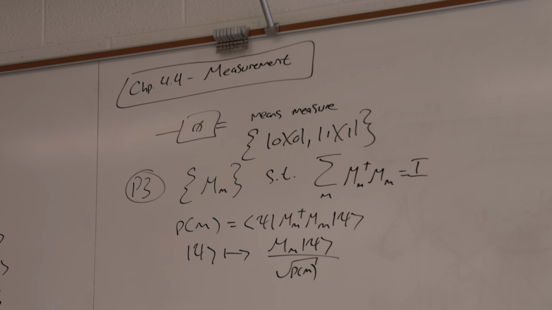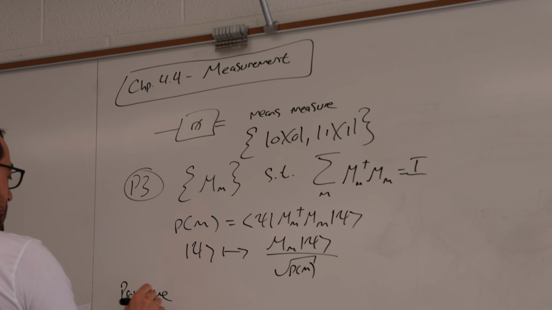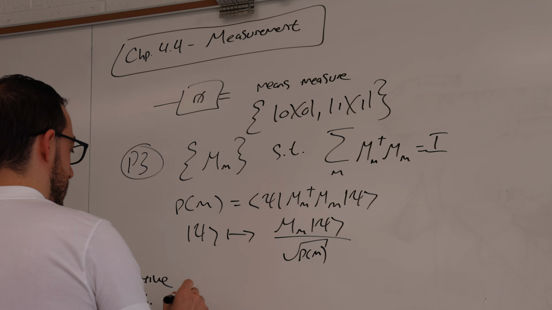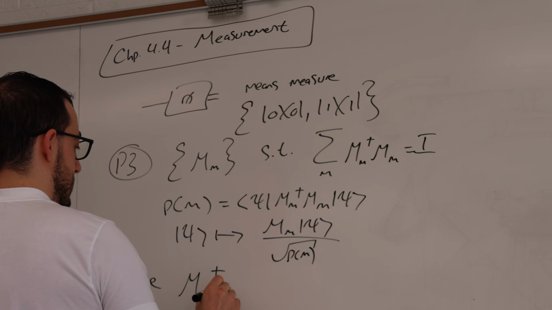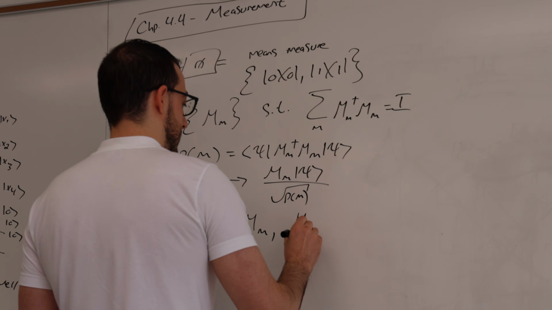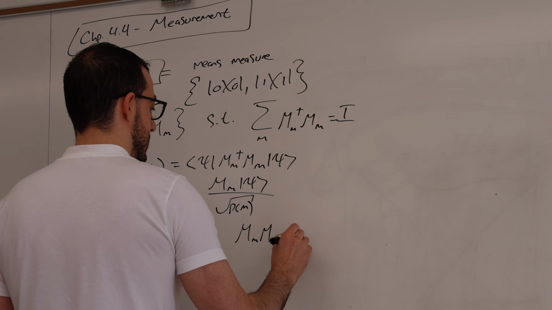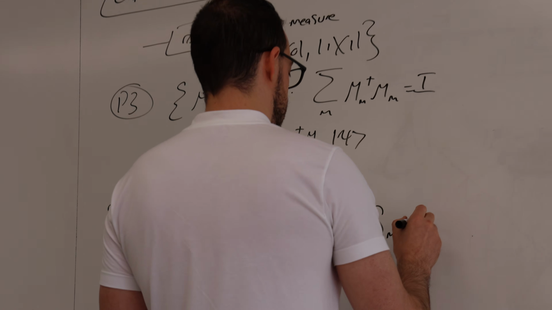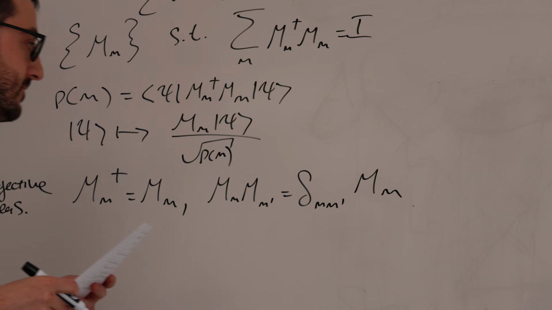We also had projective measurements as a special case. So I'll remind you of projective measurements. This is where M_m dagger is equal to M_m, and they are also orthogonal. M_m M_m' is equal to the Kronecker delta, delta_mm', times M_m.